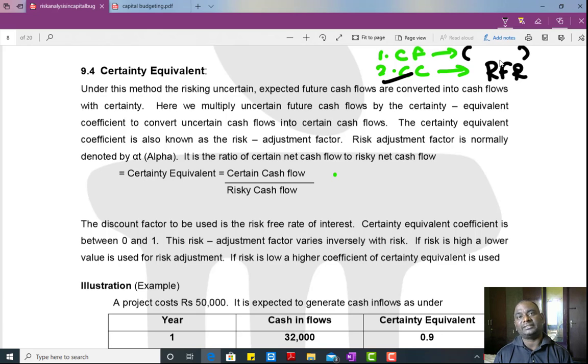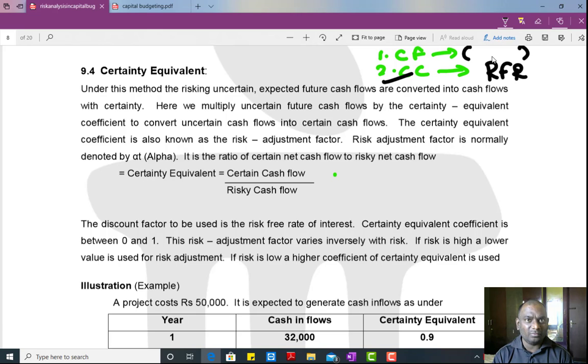For example, if my cash flow for the next 1 year is 40,000, which I worked out based on my profit and loss account, and I know the probability of getting this cash flow is 80%, then I multiply 40,000 by 80%, which means 32,000 I can surely say I will get as cash flow.